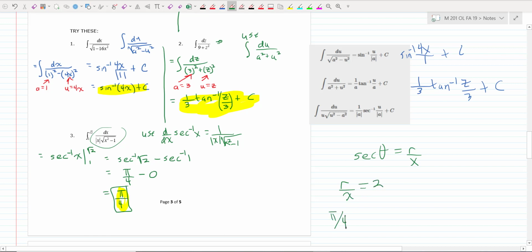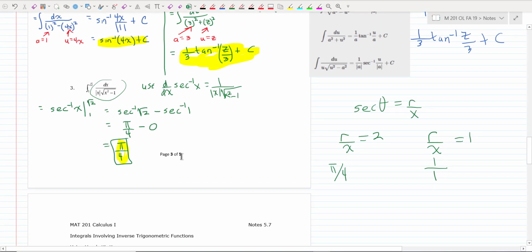Well, that happens at pi over 4. And you're looking at where is r over x on a unit circle equal to 1. Well, r is 1 on a unit circle. It happens when x is 1. So that happens when theta is 0. Okay? And some of you may need to review your unit circle a little bit, because it's super important that you know how to handle these inverse trig functions.